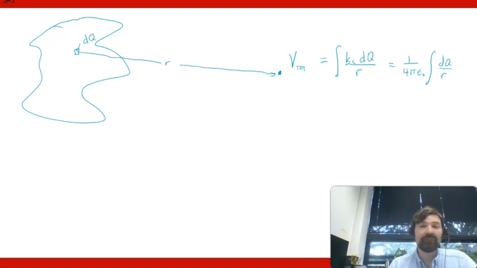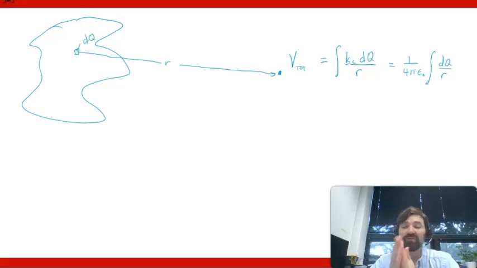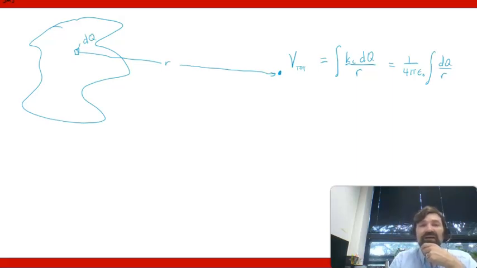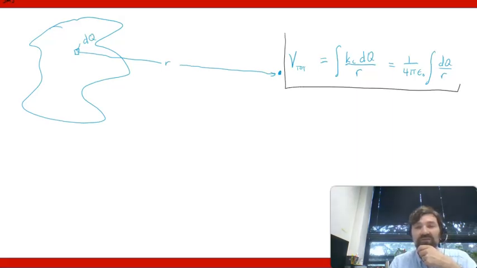Now, as with many of the other integrals that we've done, for example, all the integrals I did in finding E fields and forces due to E fields, the tricky thing here is not figuring out what this equation should be. This equation just is what it is. You could put a box on this equation and say, this is a base equation of sorts.